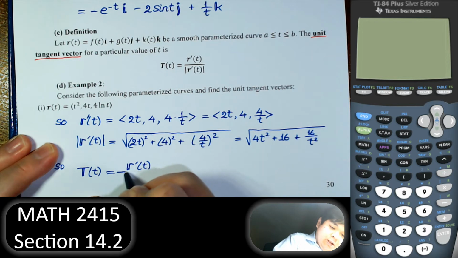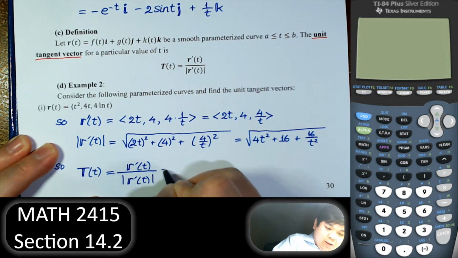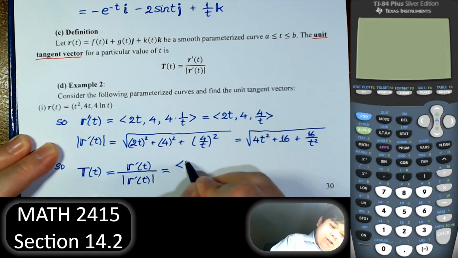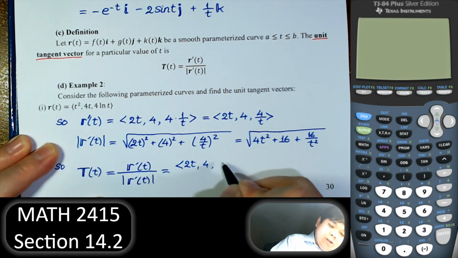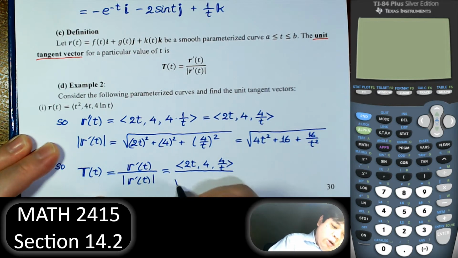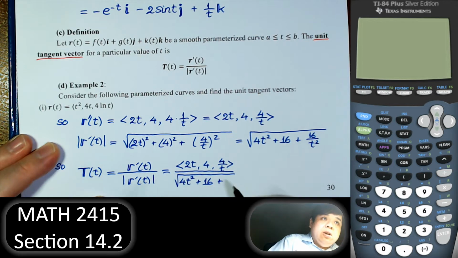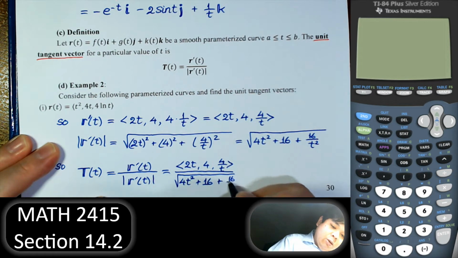Derivative over the magnitude of the derivative, over the square root of 4t squared plus 16 over t squared.